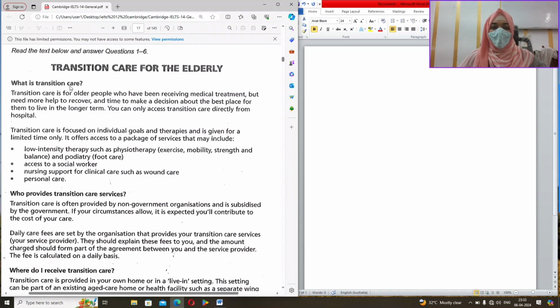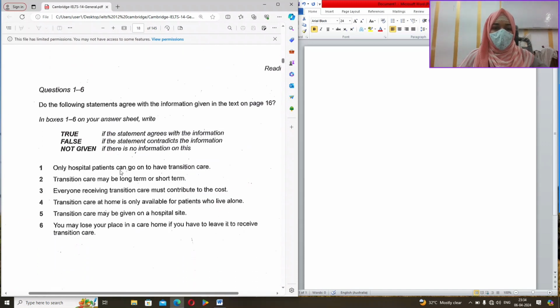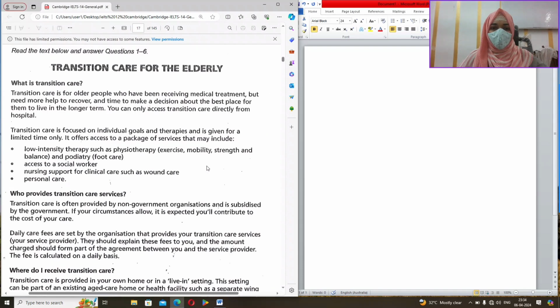They have paraphrased people as older people. Older people, medical treatment receiving, go on to. Okay, check it. Only hospital patients means elderly people go to have transition care, medical treatment.